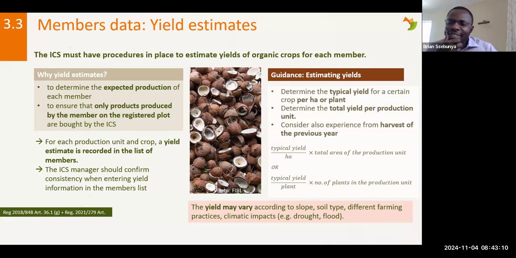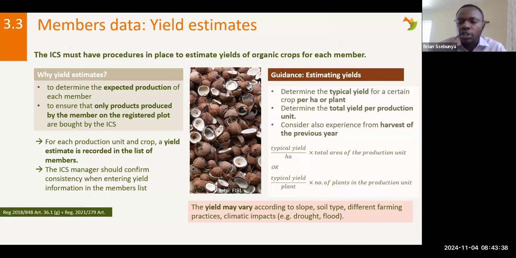I actually see where the confusion is. When you say typical yield over hectare, it's like per hectare. For example, let's say pineapples, and we know the typical yield per hectare is 5 tons for discussion's sake. And then the total area the farmer has is 3 hectares.